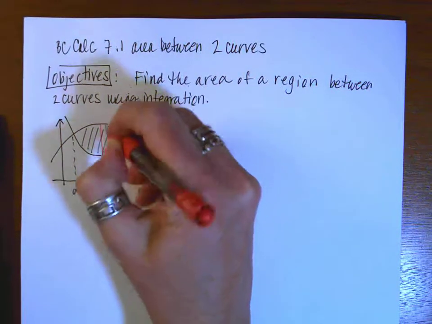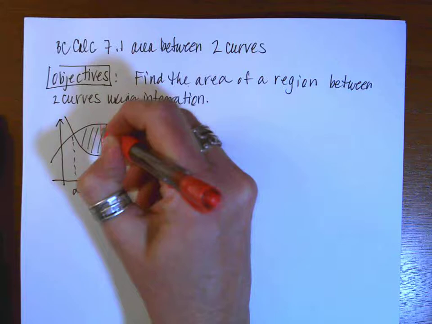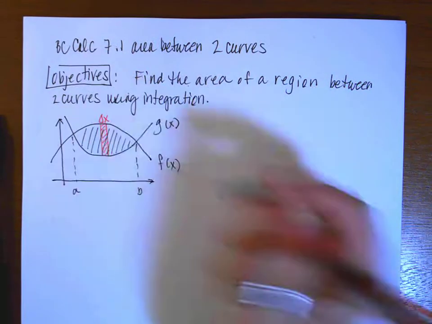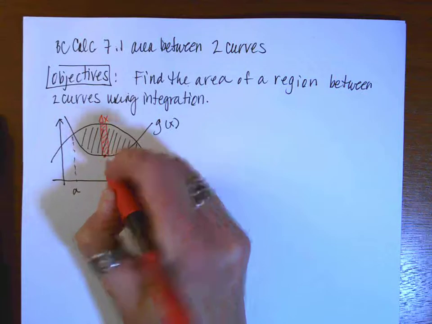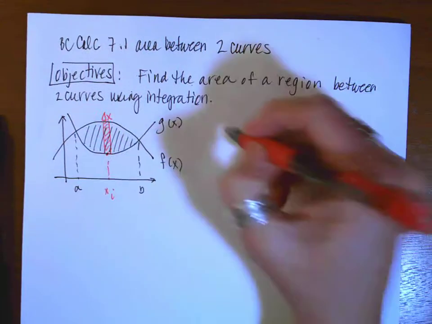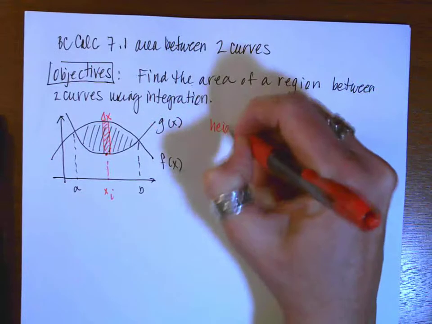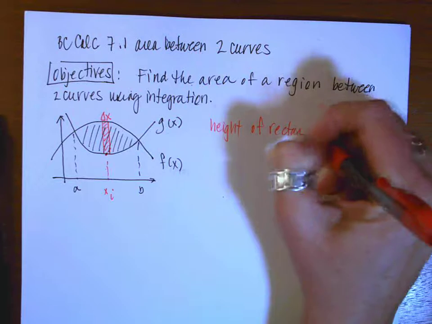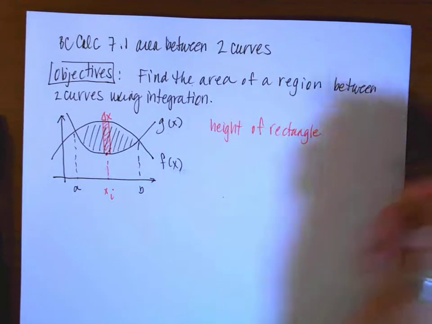I'm going to draw my little rectangle, and this is going to be my delta x, and then the middle of the rectangle is going to be x sub i. So the height of the rectangle is going to be the difference in between the two curves.